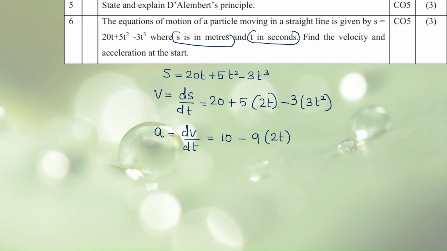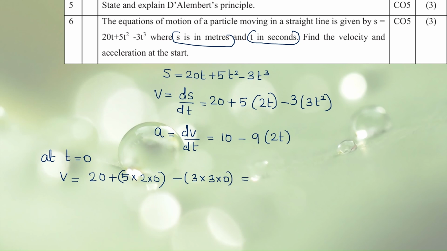Okay, and the velocity at start, that is at start means the time t is equal to 0. At time t is equal to 0, velocity v is equal to 20 plus 5 into 2 into 0 minus 3 into t square, that is 0.